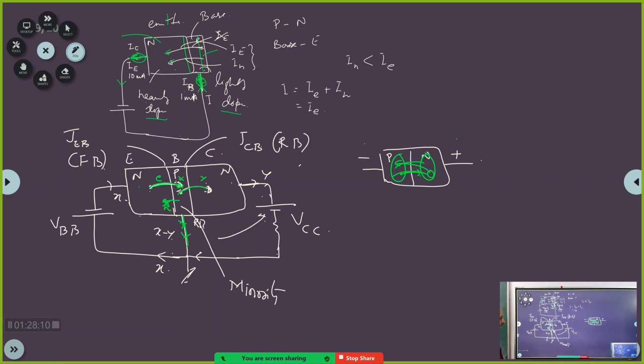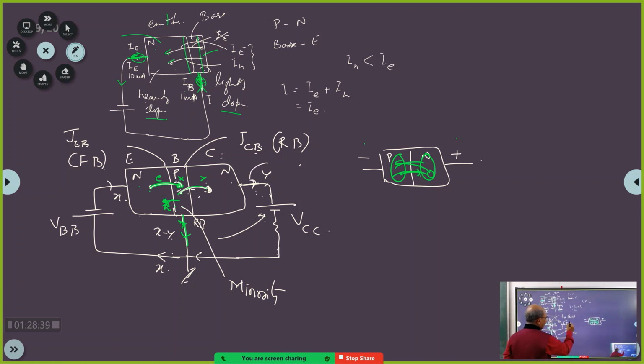Completed. Now it's very important. The electrons that have come to the base region have got some energy, and because of this reverse bias, they will get more energy to cross this junction, though it is reverse biased, and they will be collected by the collector.